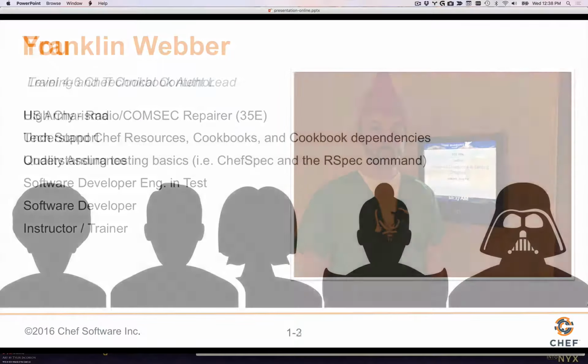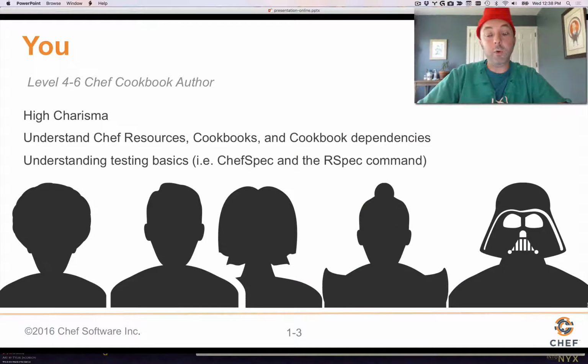Let me give you an idea of who I think you are. I assume that you're a level 4 to level 6 Chef cookbook author. And what I mean by that is that you understand Chef resources. You have written resources, you have written them into recipes, you have put them into cookbooks, you have taken those cookbooks, you've versioned them, and you've uploaded them to your Chef server or use Chef Solo to distribute them to your systems.